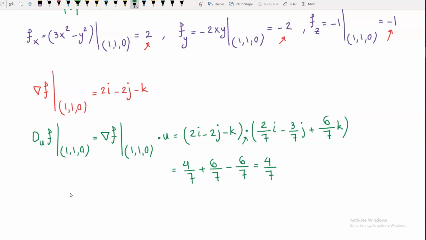And here we have dot, so this is equal to 2 times 2 over 7, we have 4 over 7, negative 2 times negative 3 over 7, so this is positive 6 over 7, and we have negative 1 times 6 over 7, so here we have negative 6 over 7, and this is equal to 4 over 7.